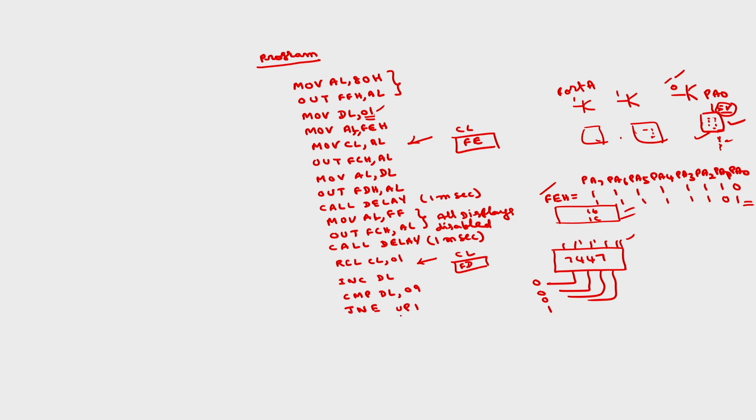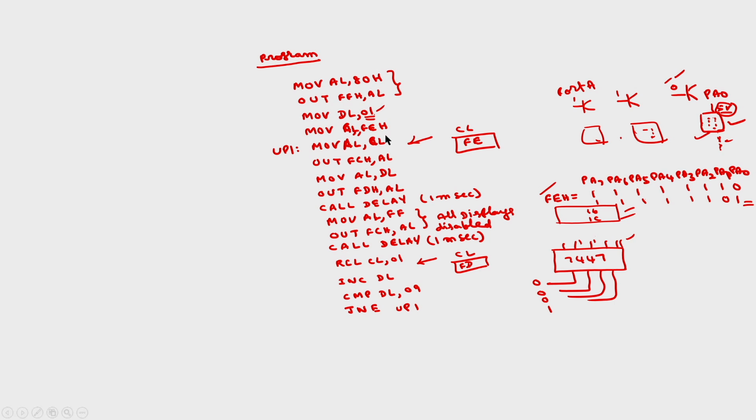So, where should this up 1 be now? Up 1 should be here: move the contents of AL to CL, then output the contents of AL. In AL we have FF, you take this as CL and make this CL to AL.